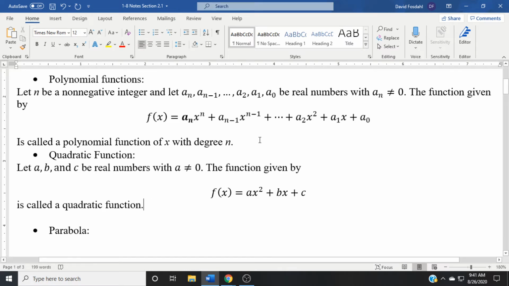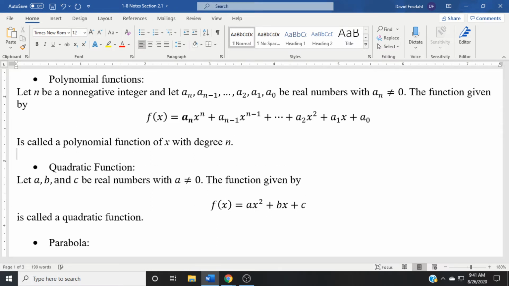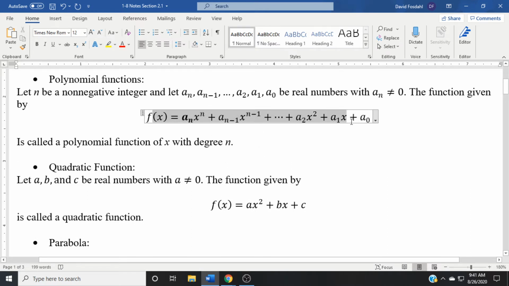This is a polynomial function. Let's create a space here. Okay, so this is our polynomial up here. This is our quadratic right here.